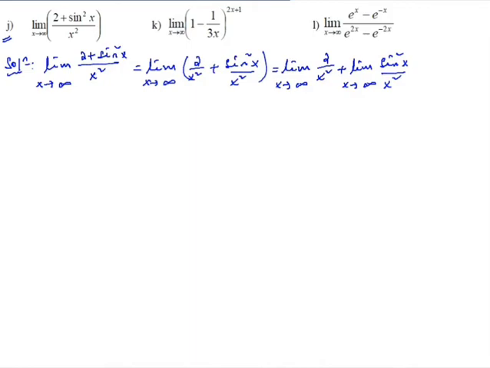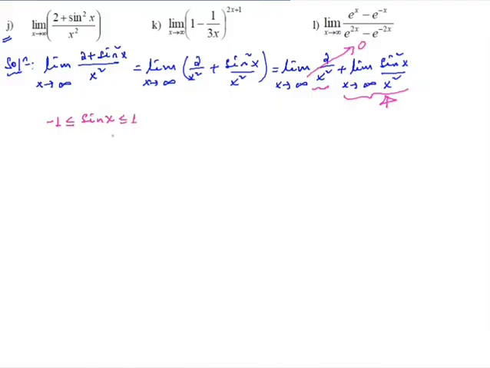Now here there is something that we can observe. The limit of 2 over x square as x approaches infinity is obviously 0, since 2 over a very big number is 0. So 0 plus something will be our limit. To calculate the limit of the other part, we need to apply some rules. We know that sine and cosine are between minus 1 and 1.